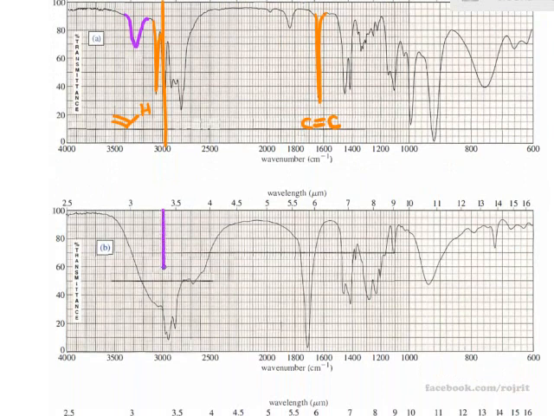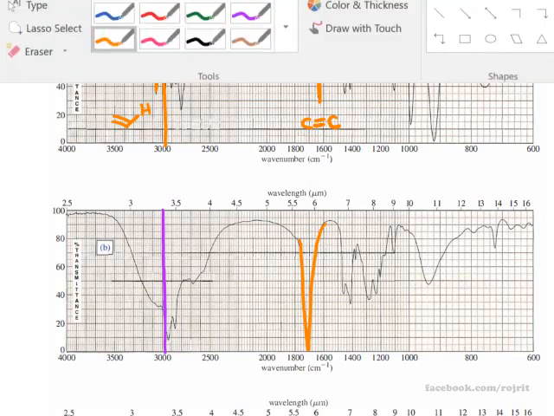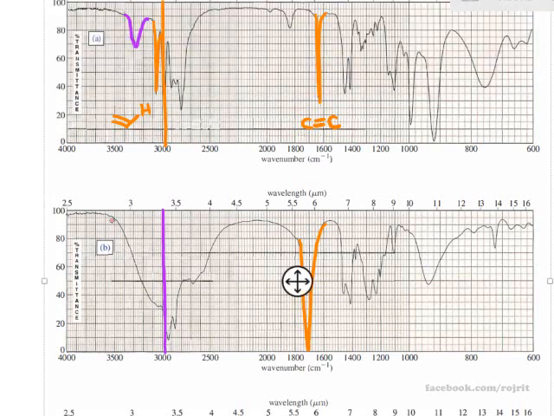Next. Beyond 3000, there is nothing, and you have the carbonyl group at 1700, and a strong and very broad absorption here. This is the character of the carboxylic acid. Without anything beyond 3000, this is a saturated carboxylic acid.